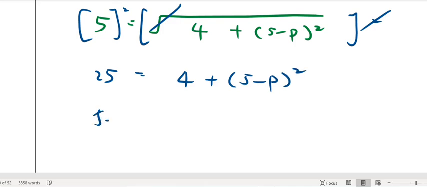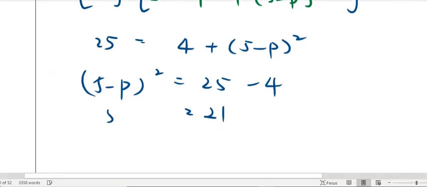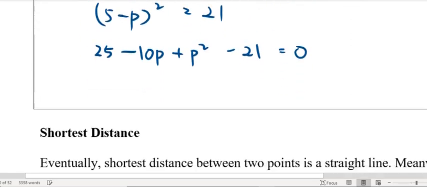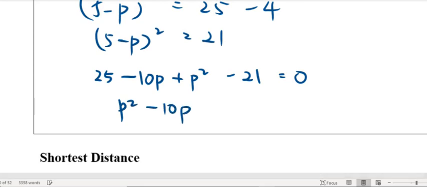So 5 minus p squared equals 25 minus 4, which is 21. Expanding, you have 25 minus 10p add up with p squared minus 21 equals 0. So you have p squared minus 10p plus 25 minus 21, which is 4.